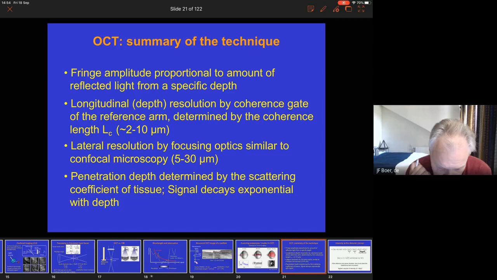The lateral resolution is determined by focusing optics, similar to confocal microscopy, with the lateral resolution between 5 and 30 micron. And the penetration depth is determined by the scattering coefficient of the tissue, because the signal decays exponentially with depth, and that is due to Lambert-Beer. I'm pretty sure Dirk has already explained.